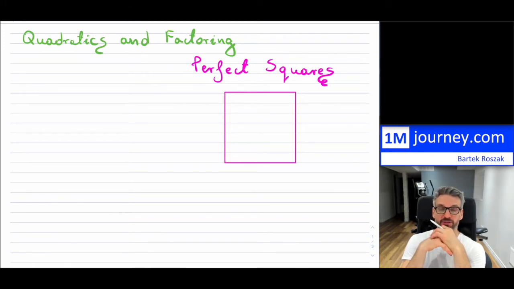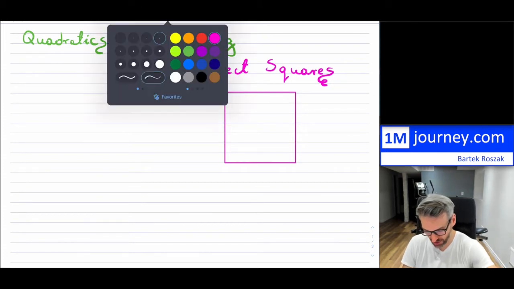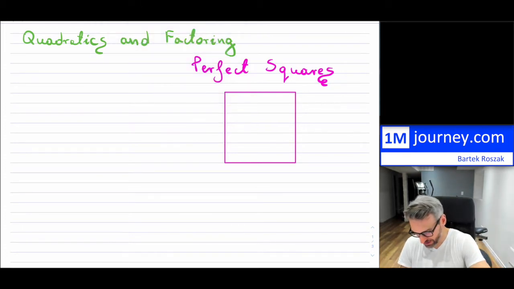Now, if you go back to elementary school, you may recall that perfect squares were basically just numbers, typically whole numbers. For instance, 4 was a perfect square because 4 was simply 2 times 2.